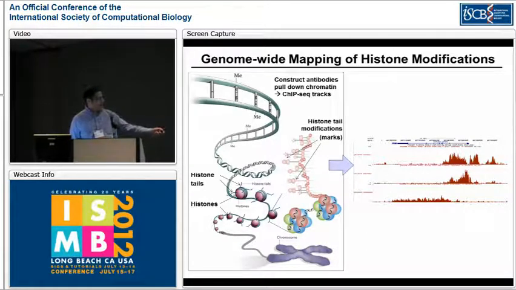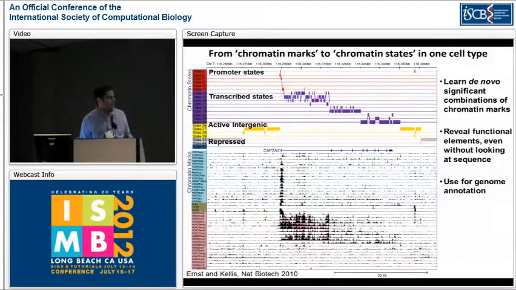Now with ChIP-seq, we're able to map genome-wide the location of dozens of different modifications across a number of cell types. And this raises computational questions of how best to model and analyze this type of data.